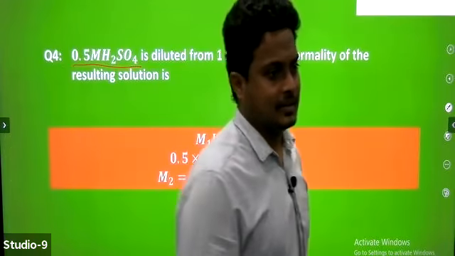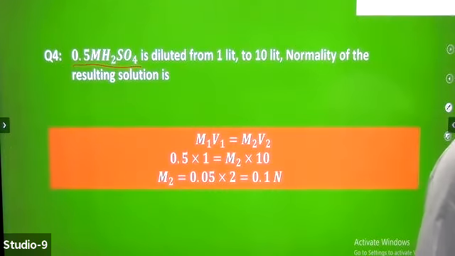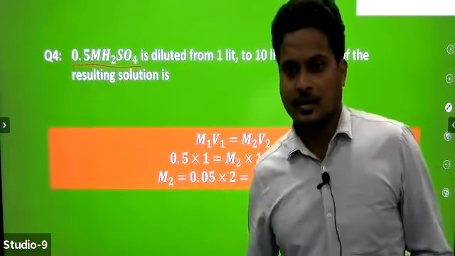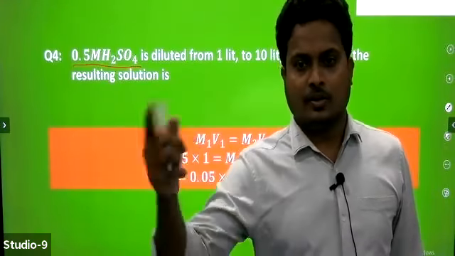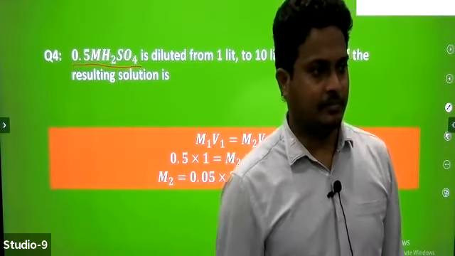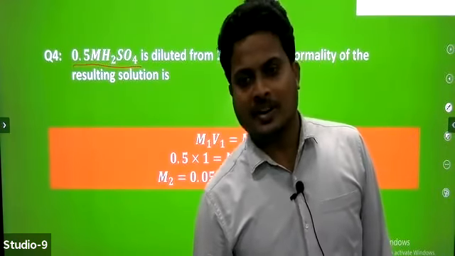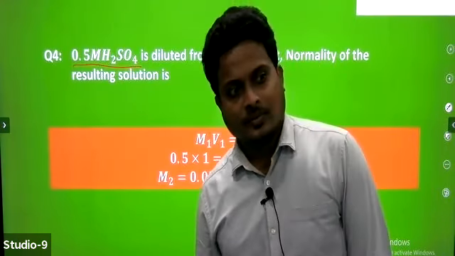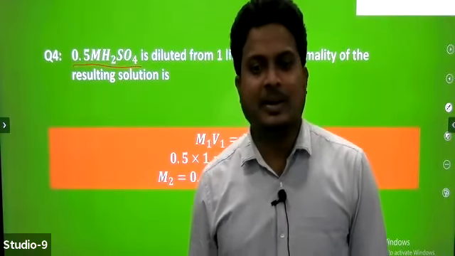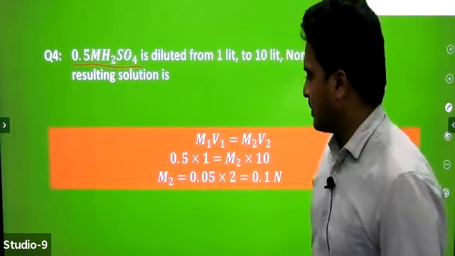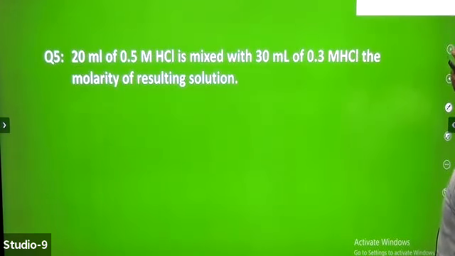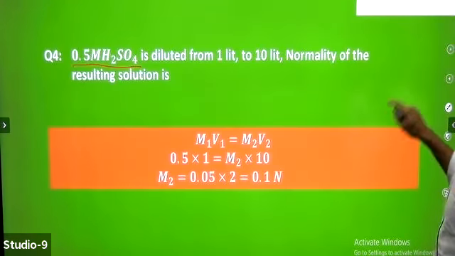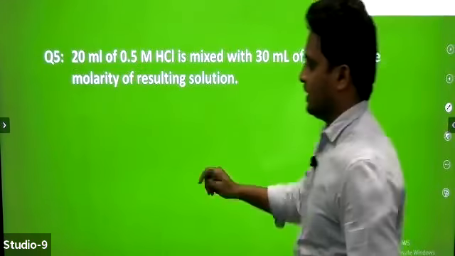Normality formula: equal weight into 1000 by volume in milliliters. In both cases, 1000 by volume in milliliters is the same. I'm deriving the relation here.